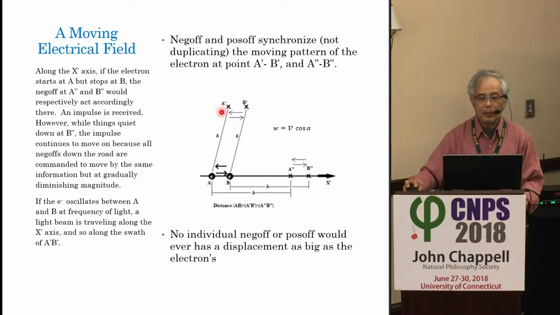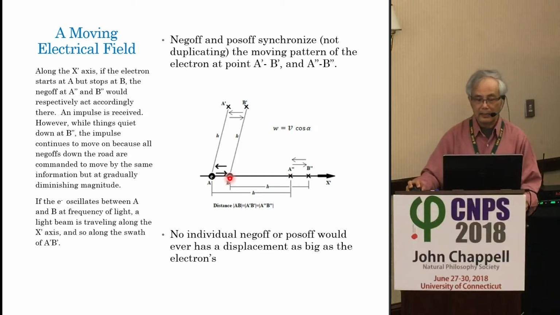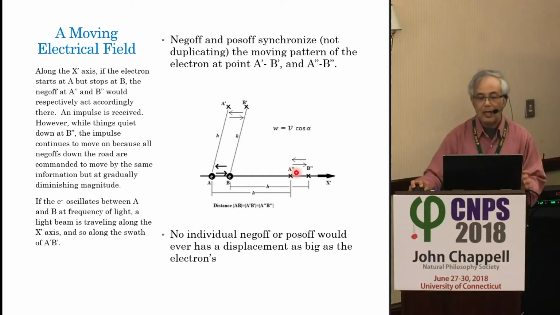Okay, suppose we have ether surrounding all this entire area. When an electron moves to this distance, correspondingly, some distance down the road, the subparticle, the negative or positive, will move accordingly, synchronizing very well with this electron.